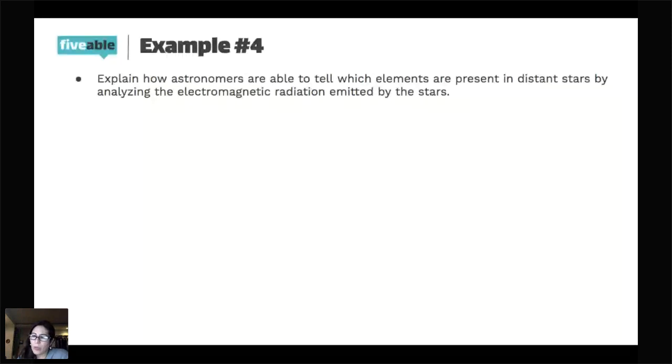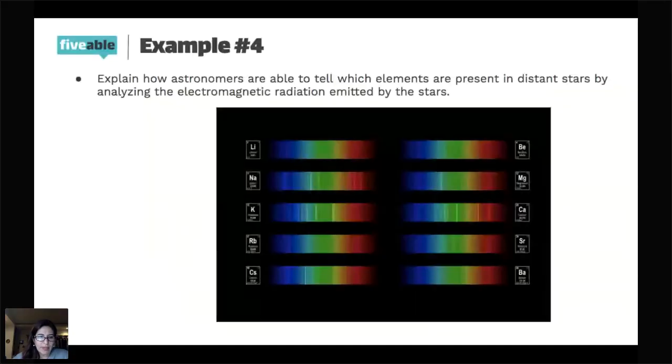What they can do is compare the electromagnetic radiation with known elements here on Earth, and then they can match those elements with distant stars, and that's a way to know the elements that are being emitted by the stars. Any questions? Okay.